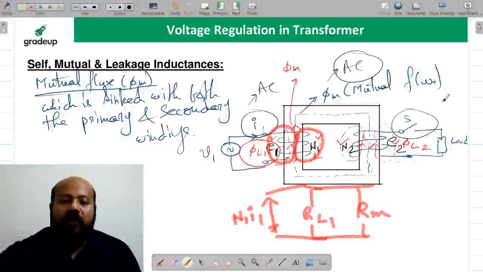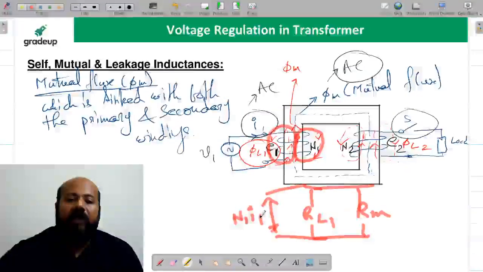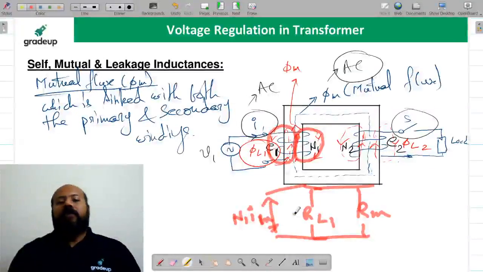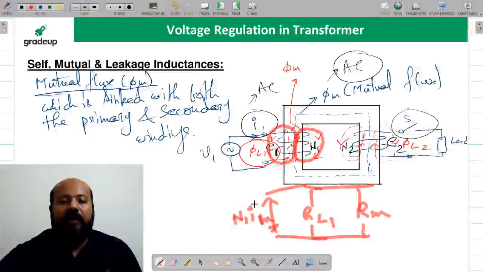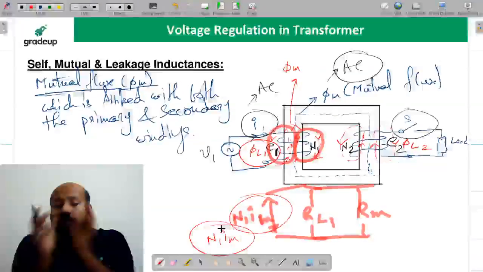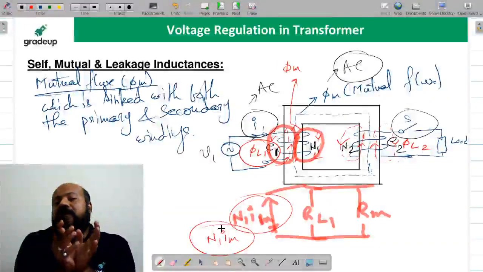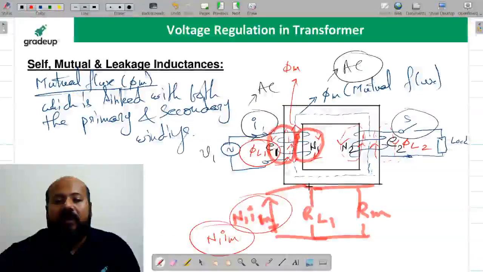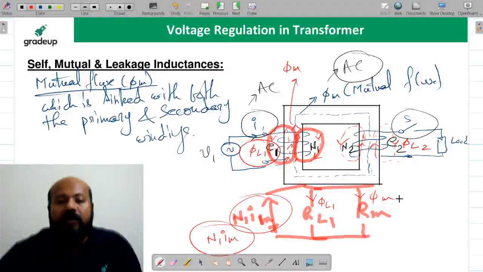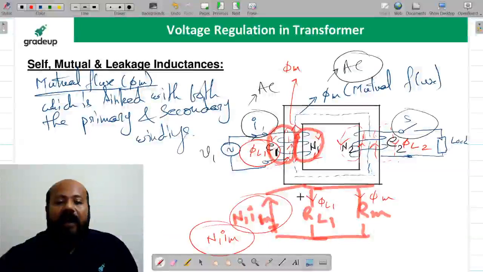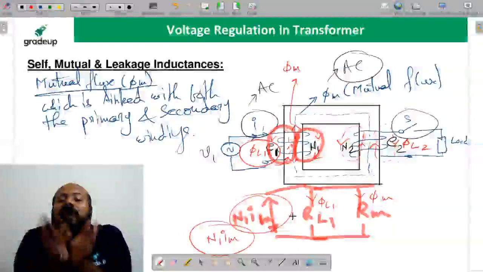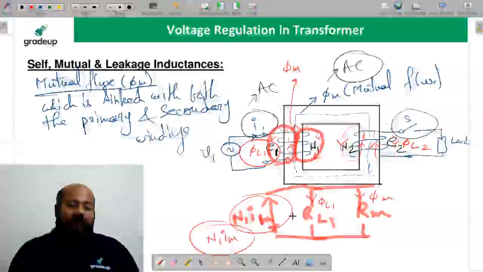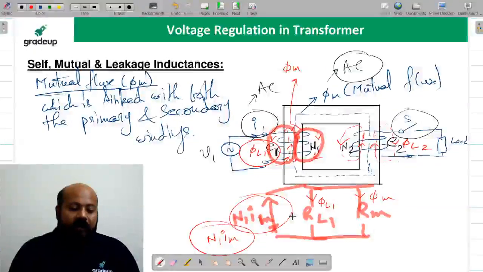And when the secondary is open circuited, this is going to be nothing but N1 IM. What is IM? IM is the magnetizing current. This total MMF at the primary side is going to act like a voltage source. And there are two fluxes. One is the leakage flux, and one is the mutual flux, and they act like a parallel path. This is how we are trying to model the leakage flux. I hope now you can understand it.